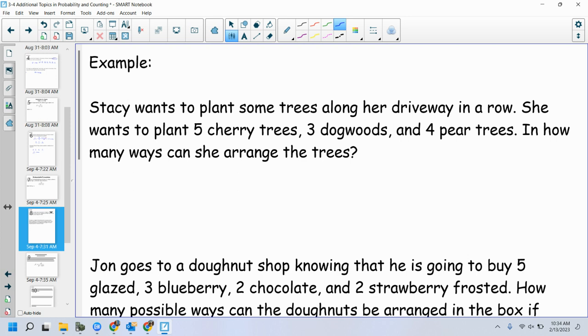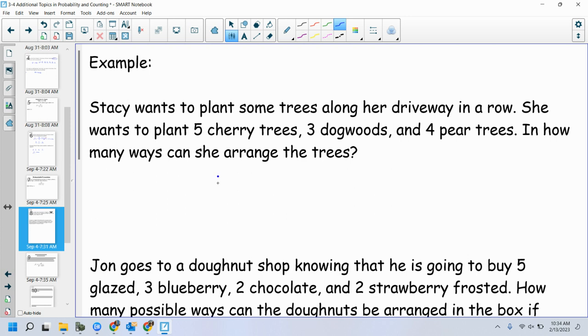It's not 12 factorial. It's actually smaller than that because putting the first cherry tree first, or the second cherry tree first, or the third or fourth or fifth cherry tree first is all the same thing. Right? So here's how we compute that.